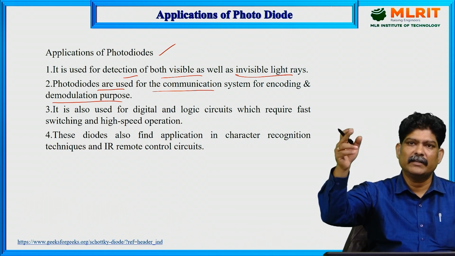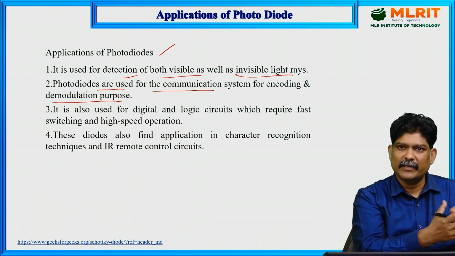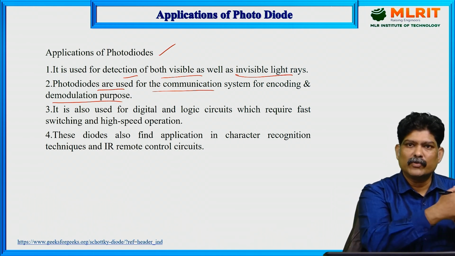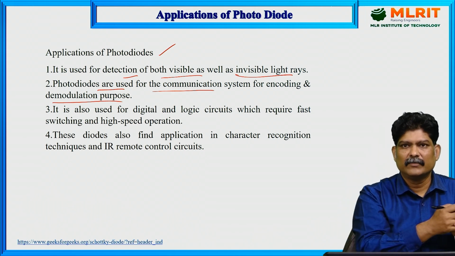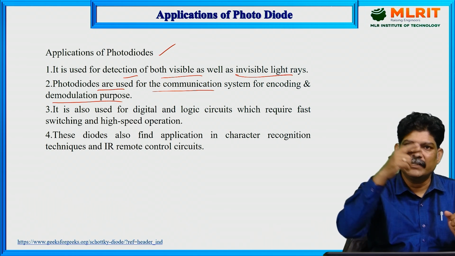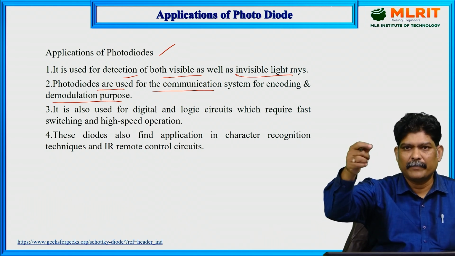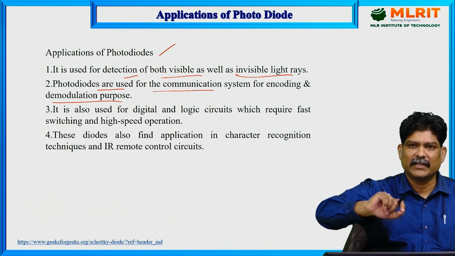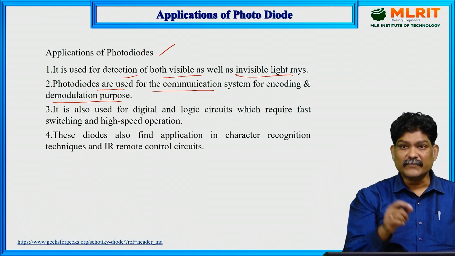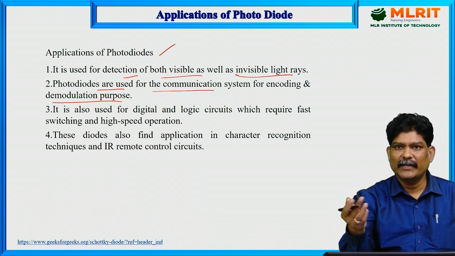At the receiver end, the original message has to be retrieved again. So for that purpose we use the demodulation process. In the demodulation process we can use a photodiode to detect or isolate the message signal.